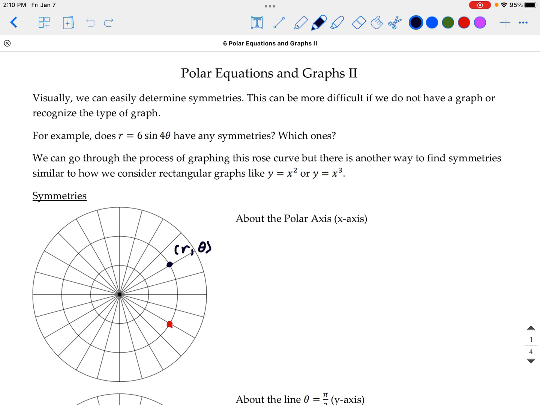The tricky part, which differs from finding symmetries with, say, a function in rectangular coordinates, is that we don't have uniqueness in points because we've got coterminal angles and different ways of representing points with positive r values, positive theta values, negative r values, negative theta values. So we have to check two different ways.